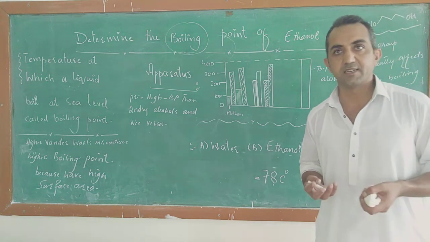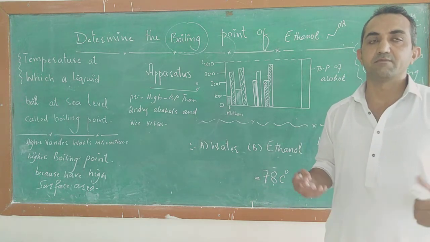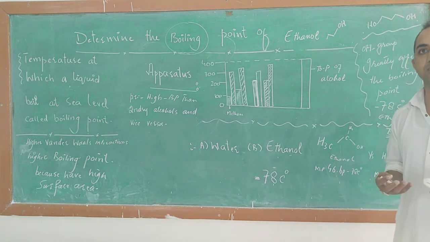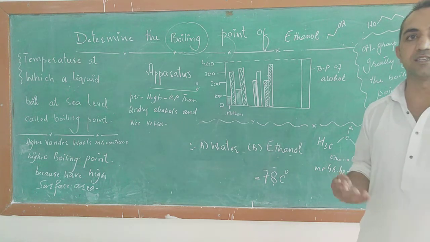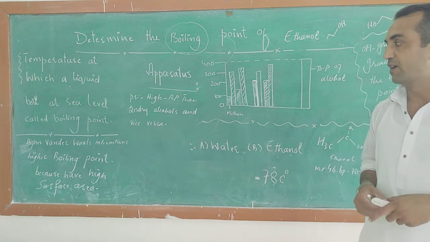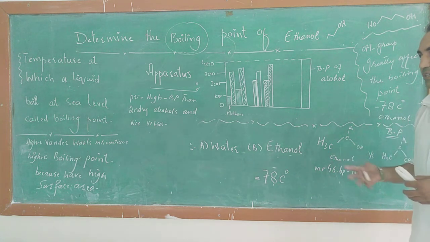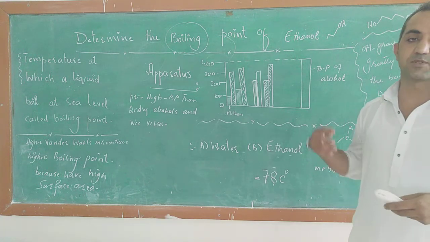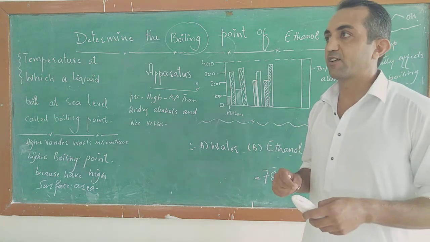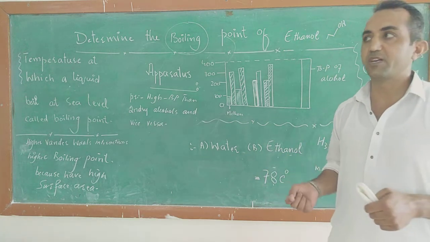When you provide temperature to any liquid and the temperature rises, the kinetic energy of the molecules breaks the bonds between the different elements that form that chemical compound. The forces of attraction between these elements break and it liquefies and turns into vapor state or another state, that very temperature is called the boiling point.